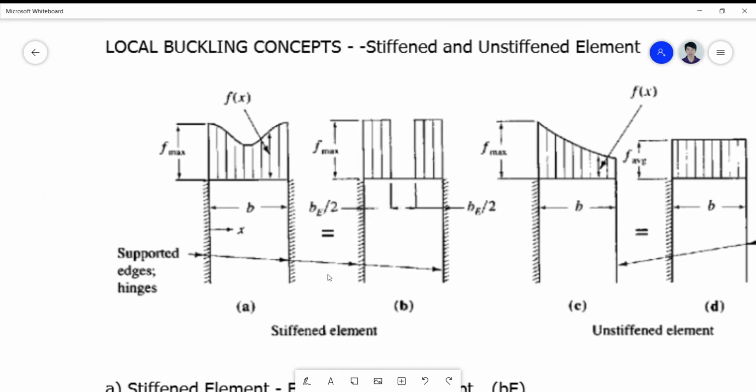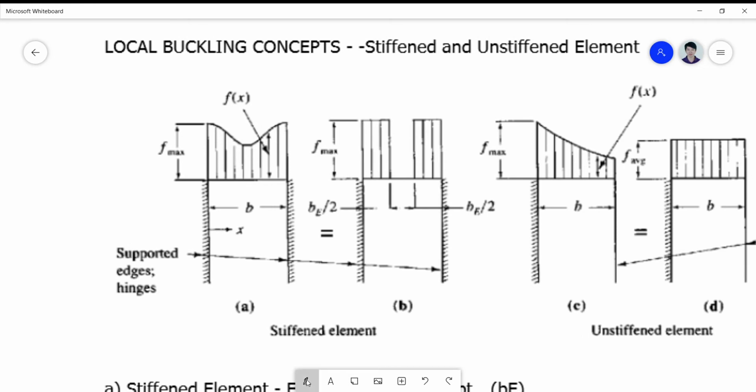First one is the stiffened element, wherein the edges of the element itself are assumed to be restrained.